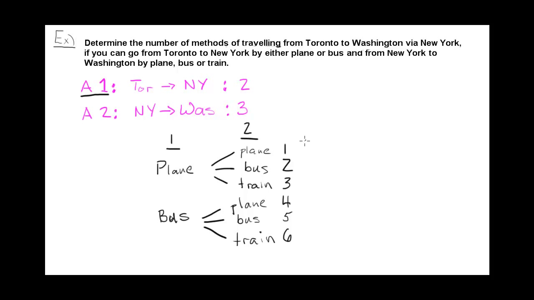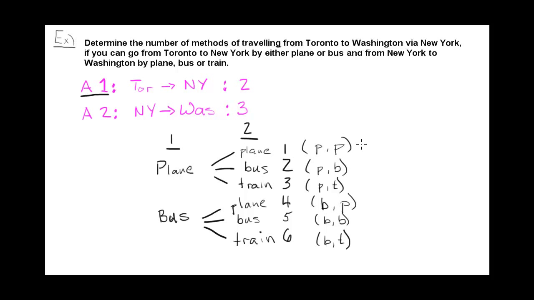This first method, we could call that the plane-plane method. So that means you're taking a plane both times. The plane-bus method. The plane-train method. The bus-plane method, the bus-bus, and the bus-train. So all of these are different.